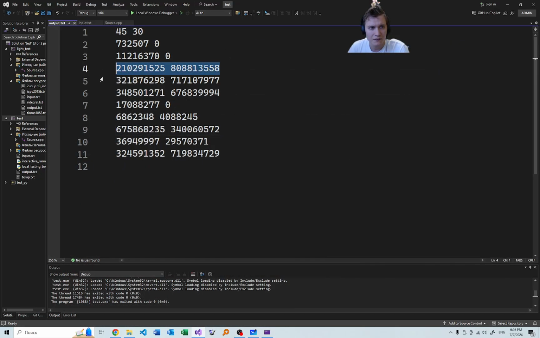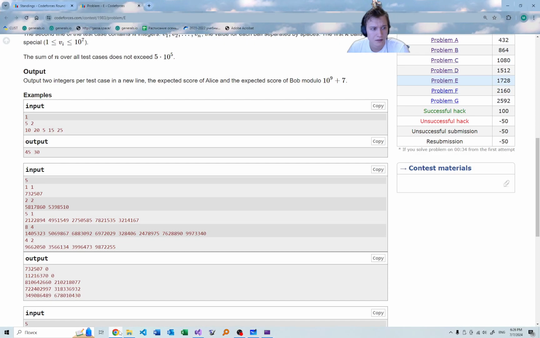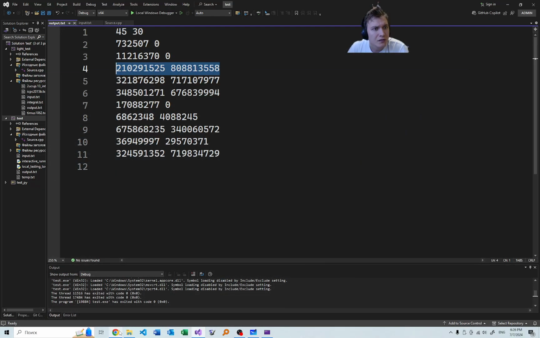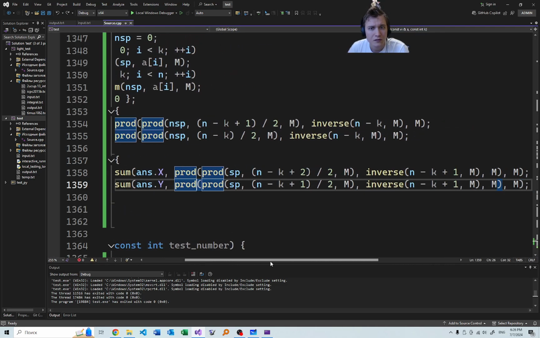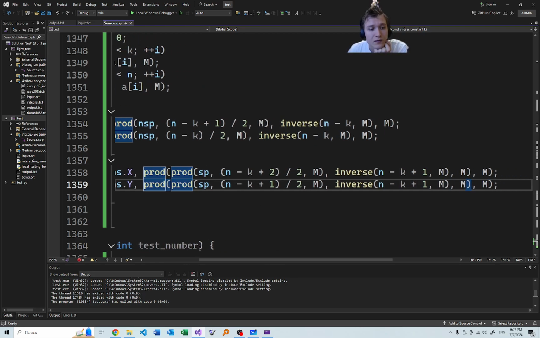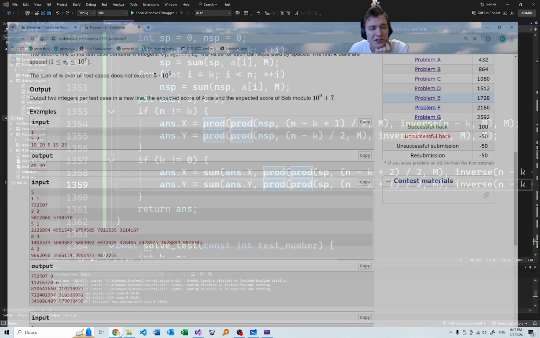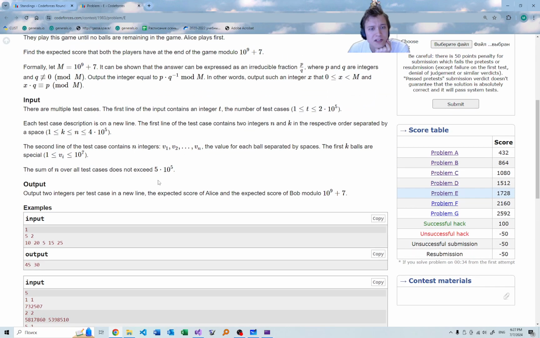Okay, here, the fourth. Also, it seems a bit swapped. It seems like it is a bit swapped. But why does it seem swapped? I don't understand who is the first one and who is the second one.